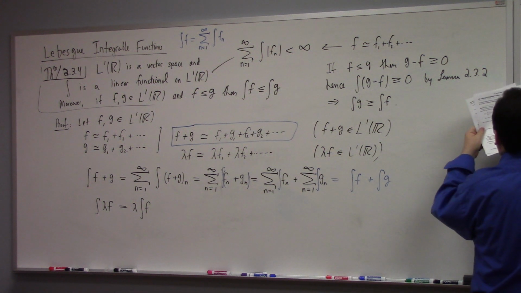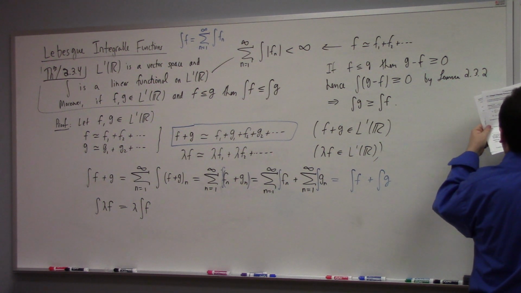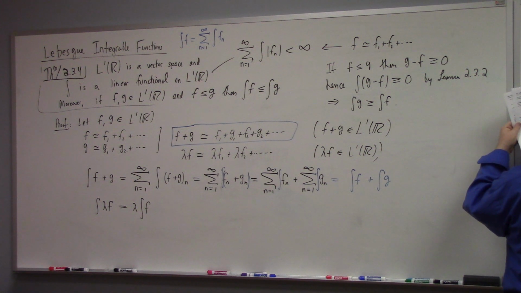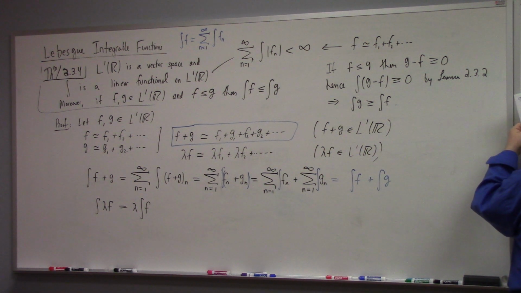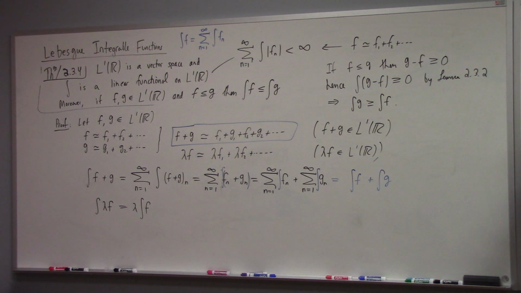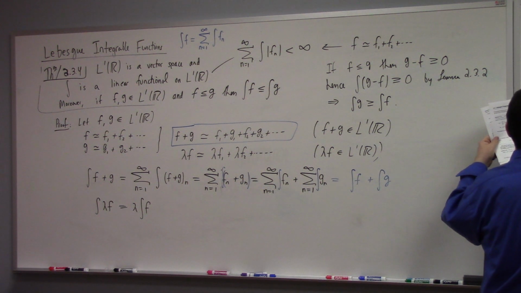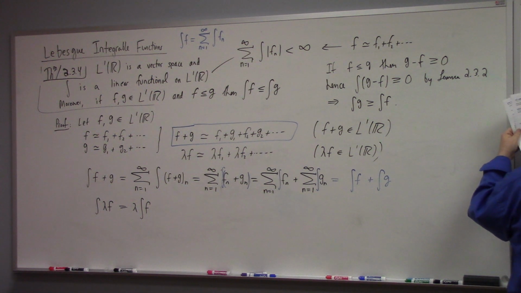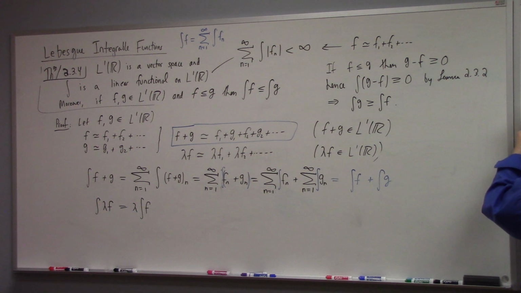And B was that f of x is equal to the sum n equals 1 to infinity of fn of x for each x in R for which the sum n equals 1 to infinity of the absolute value of fn of x is less than infinity. All right? So these are the conditions for Lebesgue integrable, right?